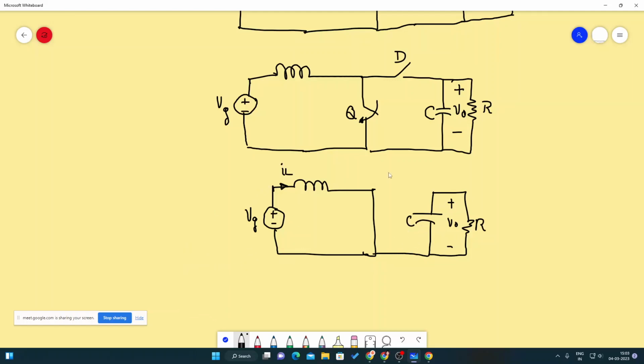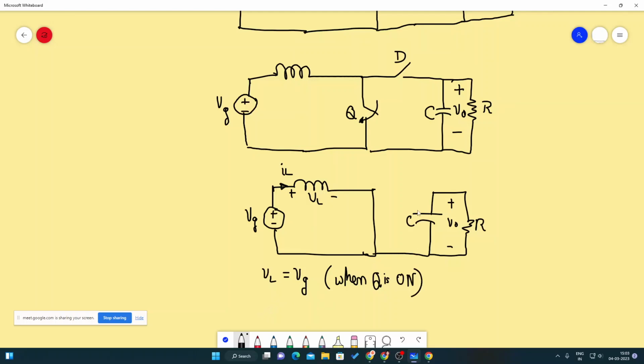So this is plus minus VL, so VL equals VG when Q is on.